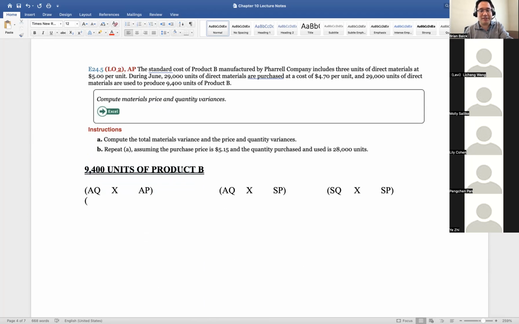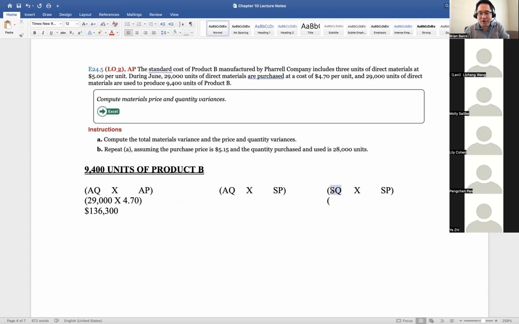How many units of materials did you actually use? 29,000 units of direct materials are used, right? 29,000 times, do they tell you how much they pay per pound or unit? Yeah, it's right here. $4.70. Right? So how much is the actual cost? 136,300. Okay.